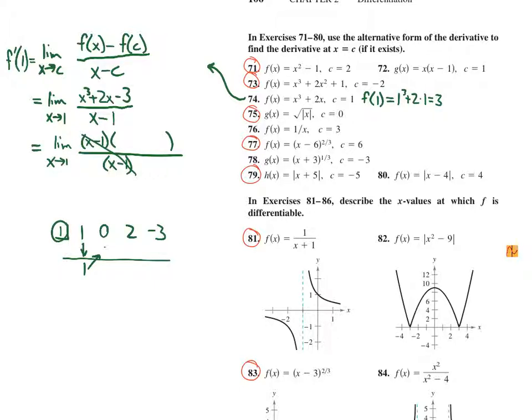So 1 times 1 is 1. I add down, multiply by 1. I add down, multiply by 1, and I add down. This started out as an x cubed, x squared, x, and those were the numbers. This is now the x squared, the x, the number, and then the remainder.